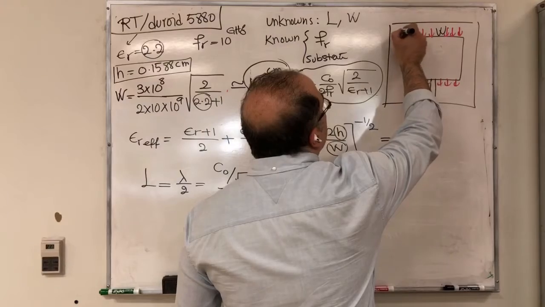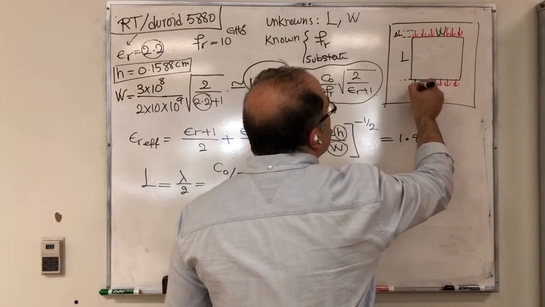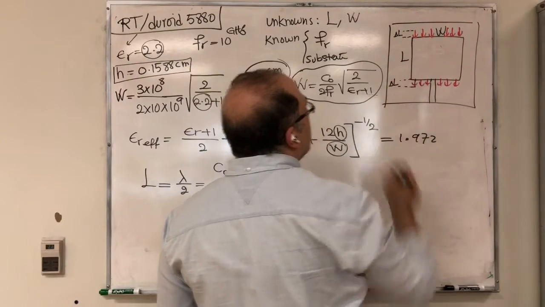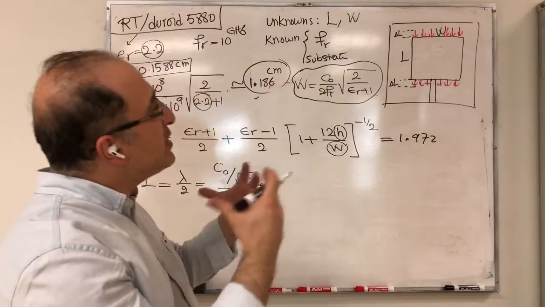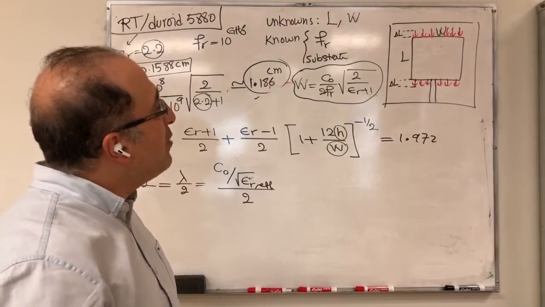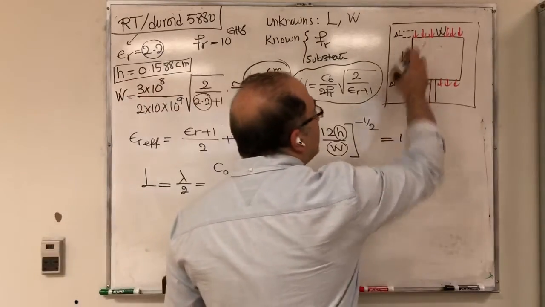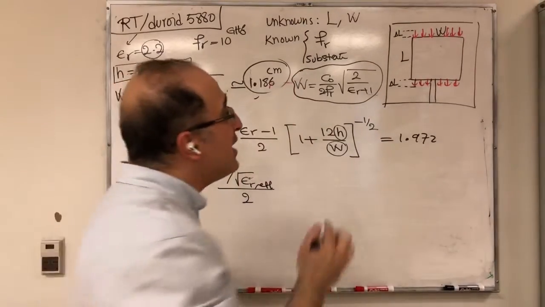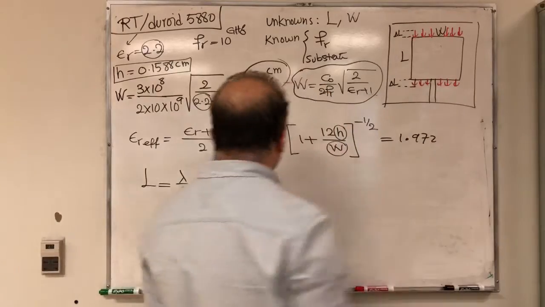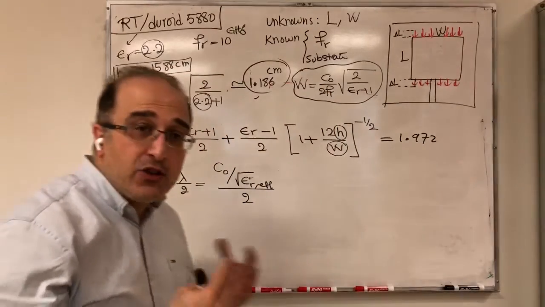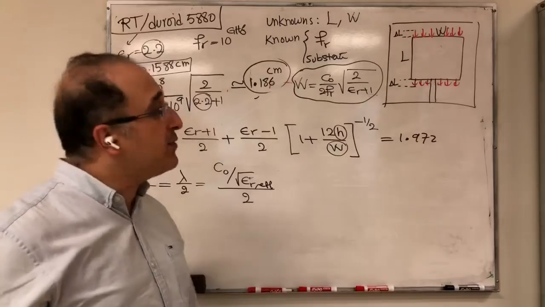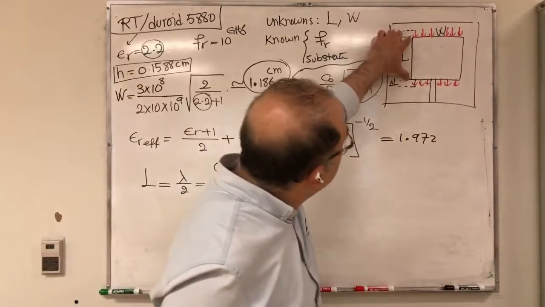I call it delta L to be consistent with the textbook. So essentially from the perspective of EM waves, the total length that I have here is L, the actual thing that you fabricate, plus delta L plus delta L. So this is the length from the perspective of EM, and this is the length that we fabricate.